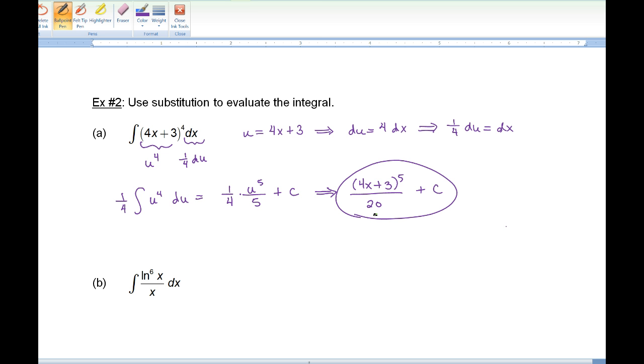So that would be 5 times 4, and we get the 20s to cancel. Check. Does that make sense?